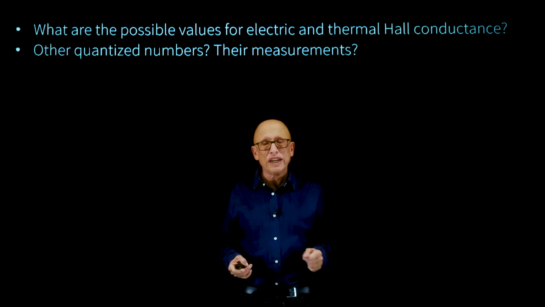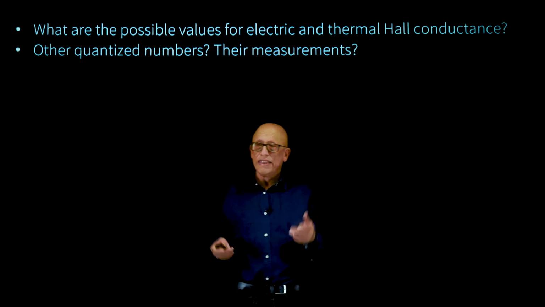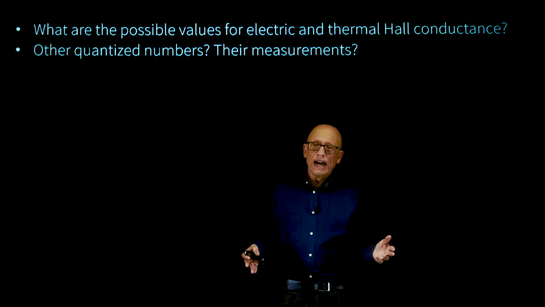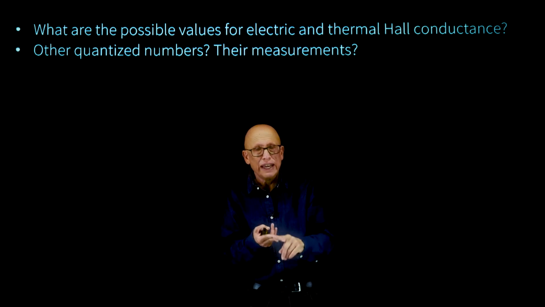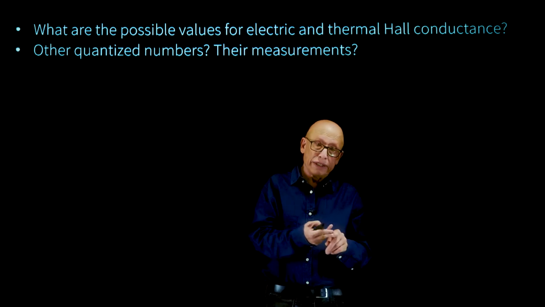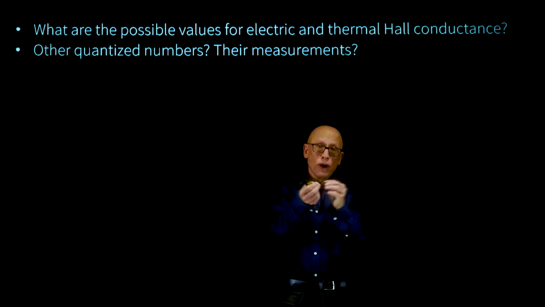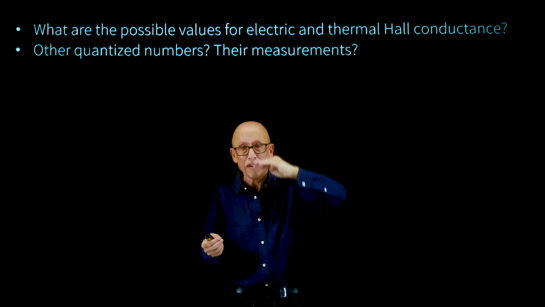And I'd like to actually leave you with questions that are relevant but are not going to be discussed today. First is, what are the set of possible values for electrical and thermal conductances of edges? In particular, for thermal conductance, we saw mostly one value per edge, and I told you that you can halve this value.